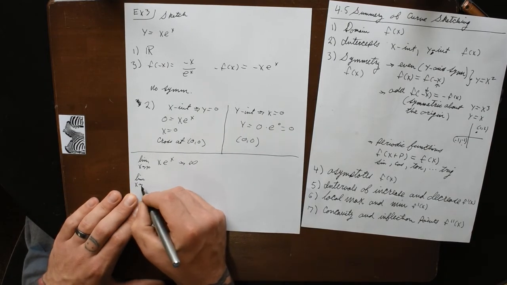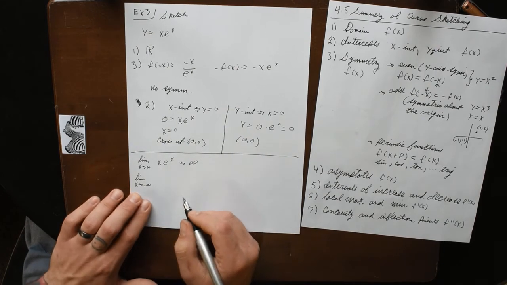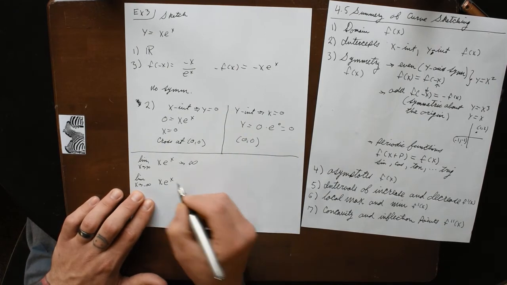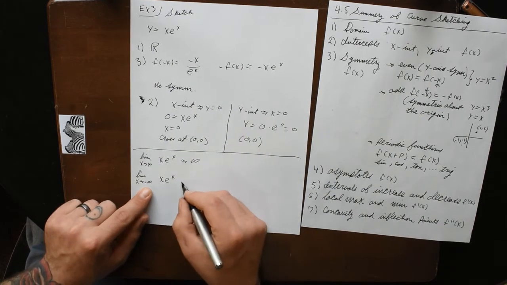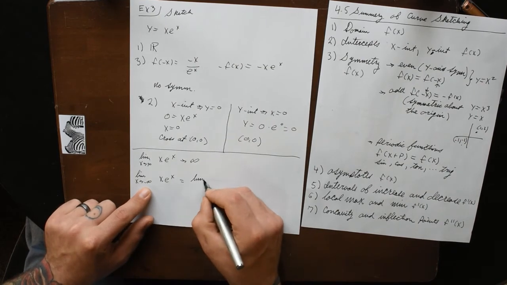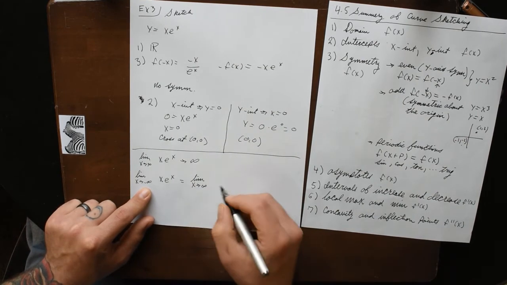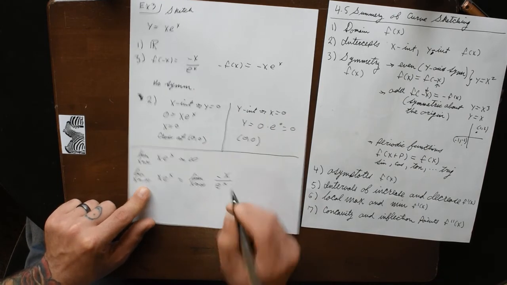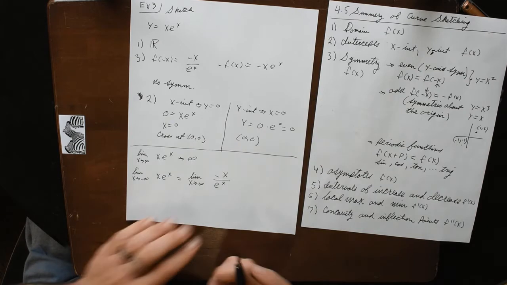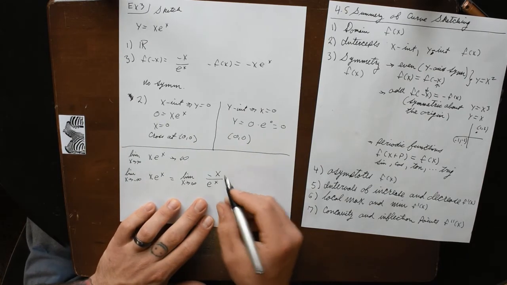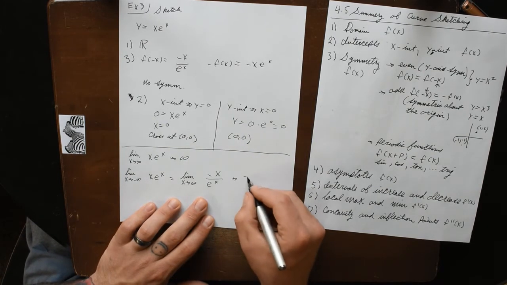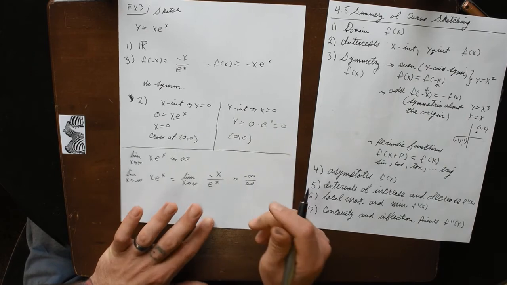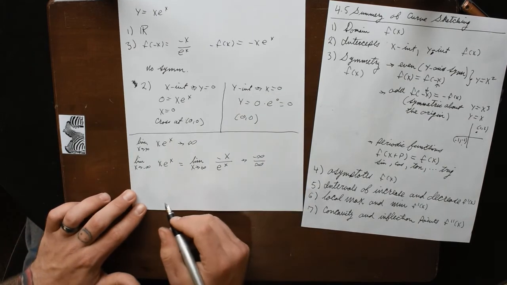Limit as x goes off to negative infinity of x e to the x, well, that's really the same thing as the limit as x goes off to positive infinity of negative x divided by e to the x, which would give us a negative infinity divided by an infinity, which is one of our indeterminate forms.